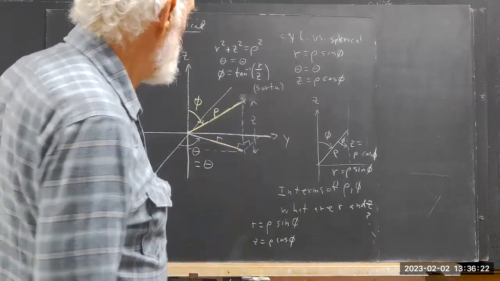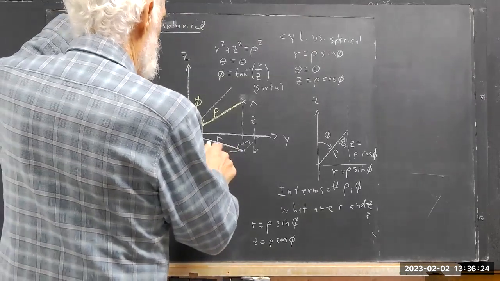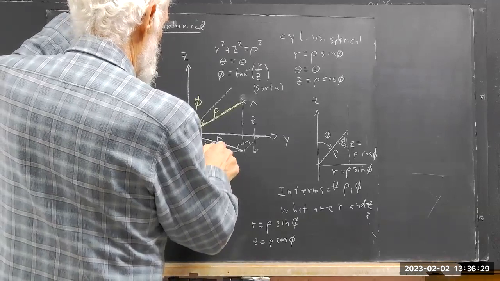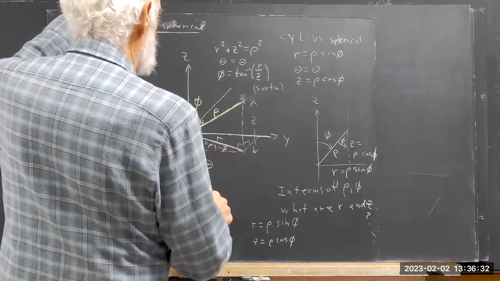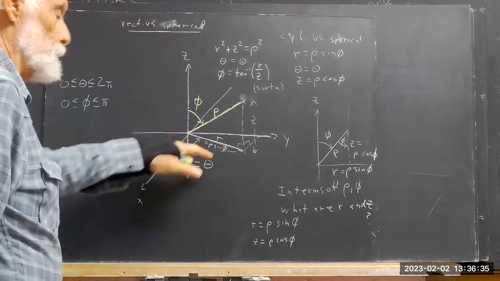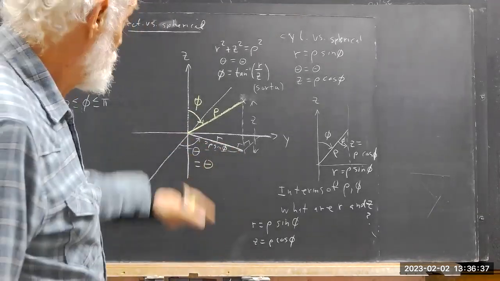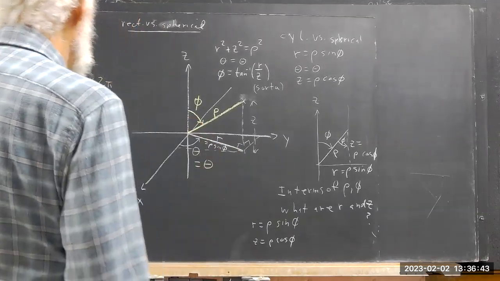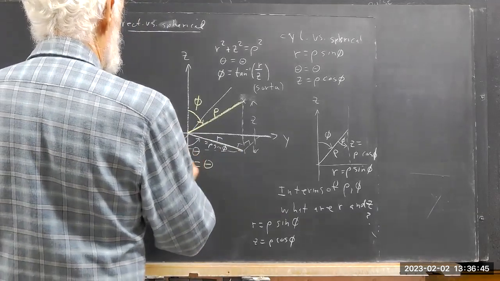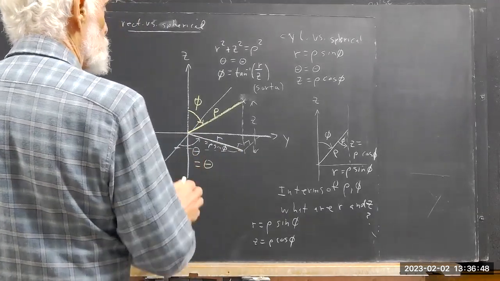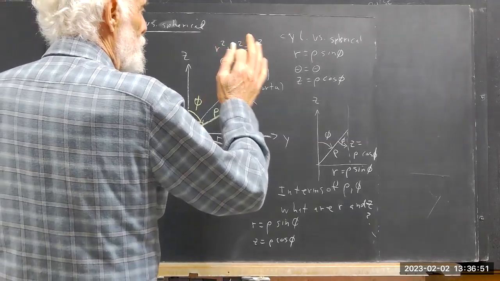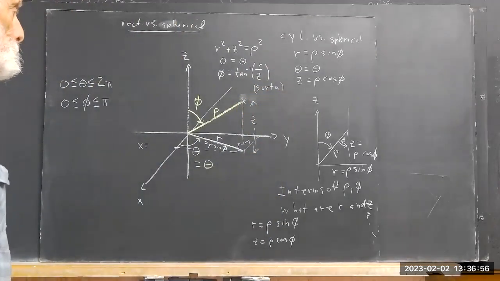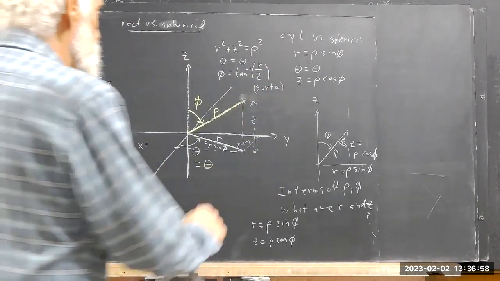So here's R, which now equals rho sine phi. I've got it written pretty small there. Probably can't read it, but we know that R equals rho sine phi. So if R equals rho sine phi, then what's X in terms of rho, theta, and phi? What's your expression for Y?